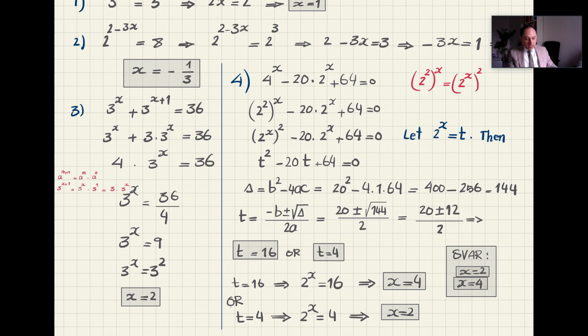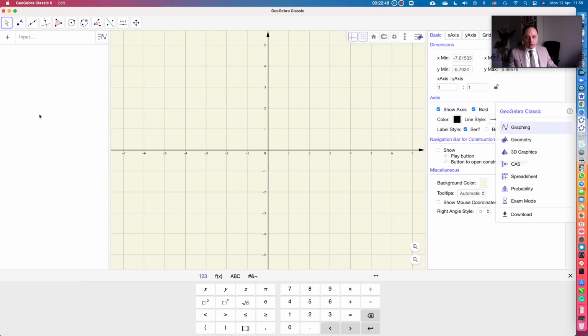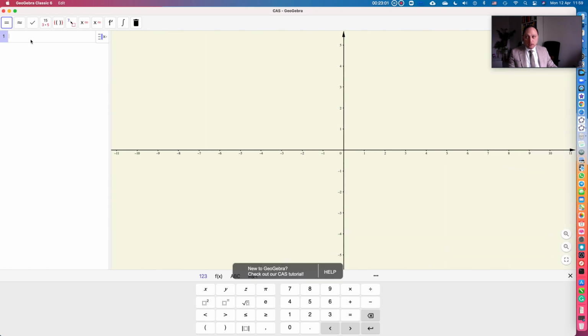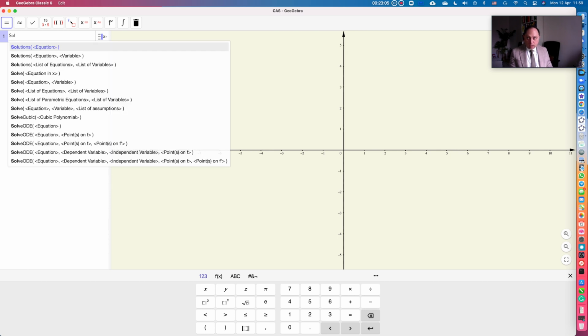By the way, let us check, is GeoGebra capable of solving this equation? Let us check that. So let me go here. Do you remember, if you want to solve, what I have to do? I need to change my view, I have to go to CAS view, okay? So I go there, so I will write Solve. Okay, here I don't want to solve a system.